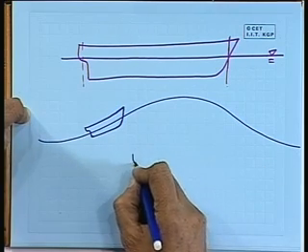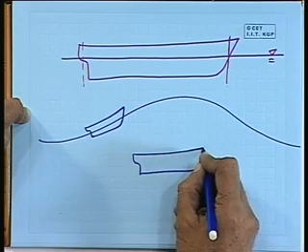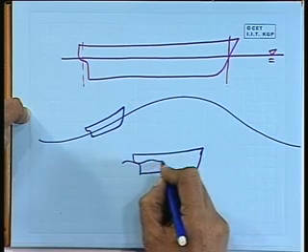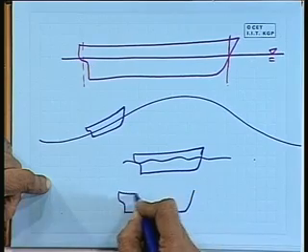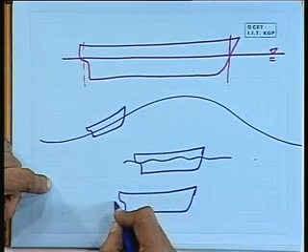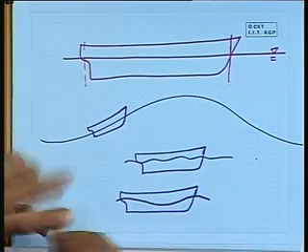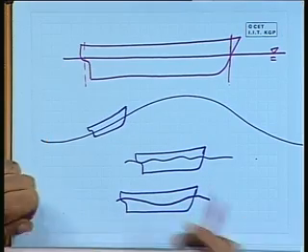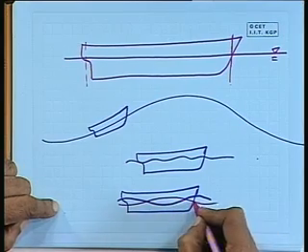There can be a condition when the ship is something like this and the waves are like this. There can be a condition when the ship is something like this, and this may be a wave pattern, or this may be a wave pattern.